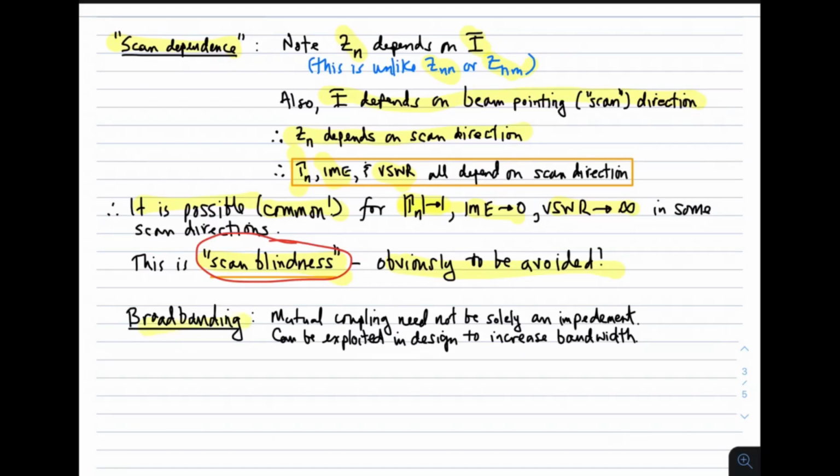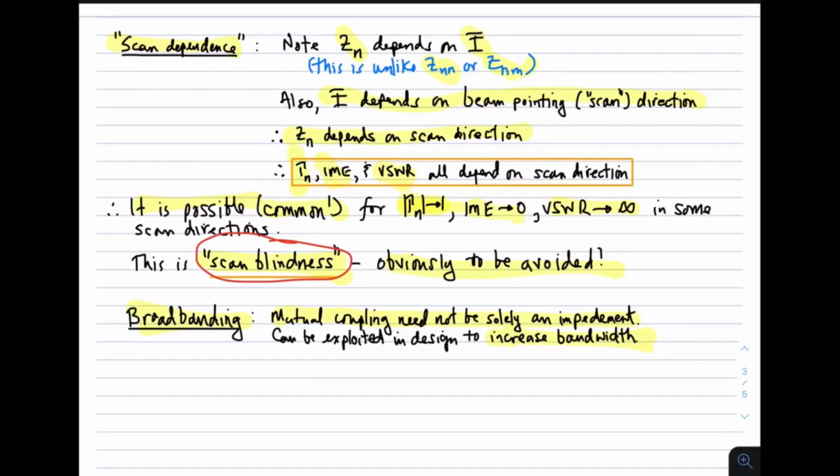The second idea is broadbanding, and that's the following idea is that above we've represented mutual coupling kind of as an impediment to the analysis, right? Something that complicates the analysis. But it doesn't necessarily need to be a bad thing. In fact, you can exploit mutual coupling to creatively manipulate the active impedances in such a way that you can increase bandwidth.